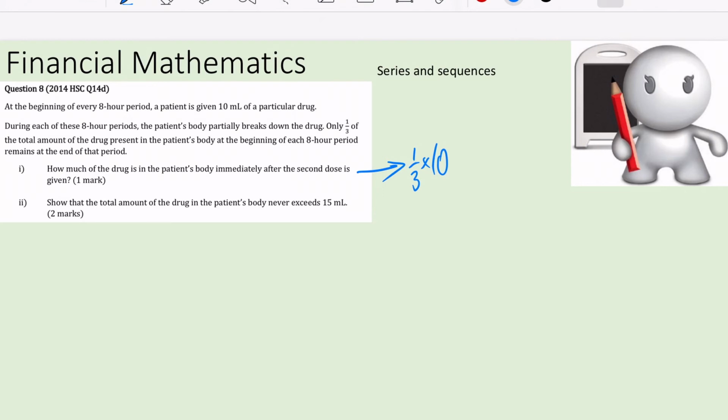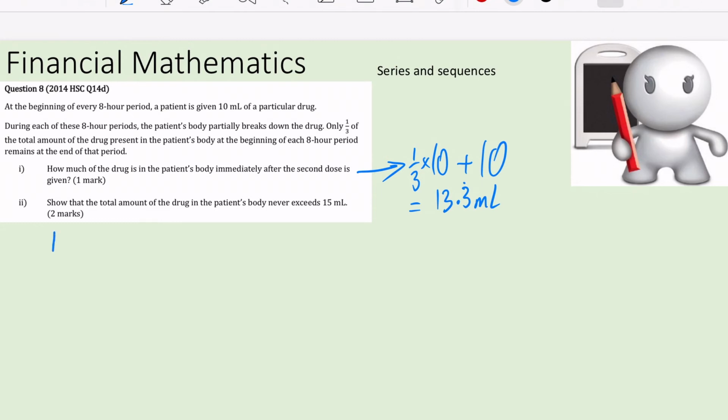And then after 8 hours, you are given a further 10 mils. So therefore, what we're going to have is 13.3 milliliters. That's it. Now, show that the total amount of the drug in a patient's body never exceeds 15 mils.